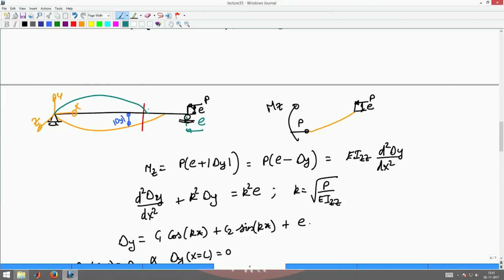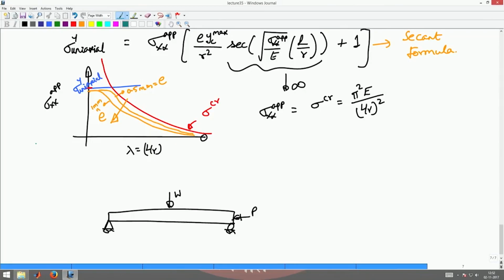So, the eccentricity governs the direction of the displacement of the column and is no longer a random event. But whether it deforms along y axis or along the z axis depends again upon the moment of inertia along y or z, whichever is the least; it will deform perpendicular to the least moment of inertia direction. Okay. So, with this we conclude our discussions on stability induced failure.